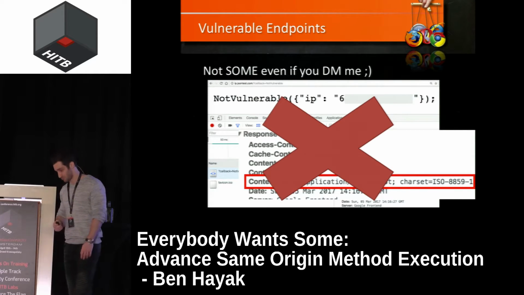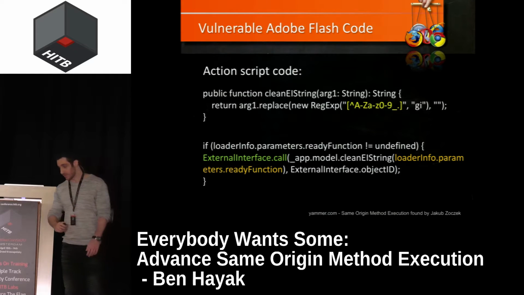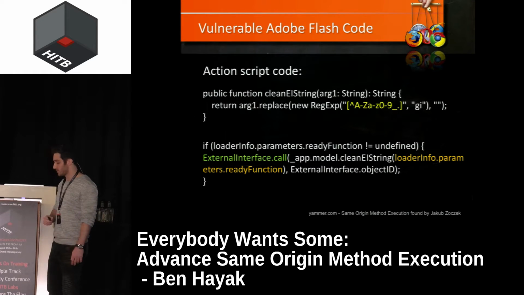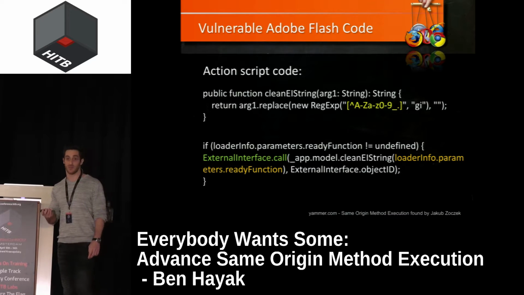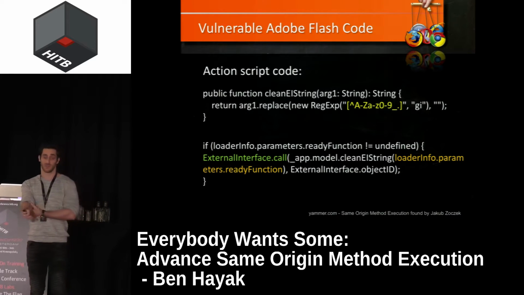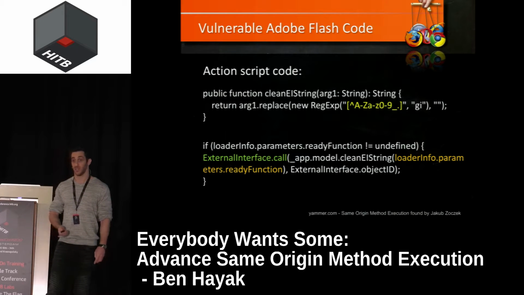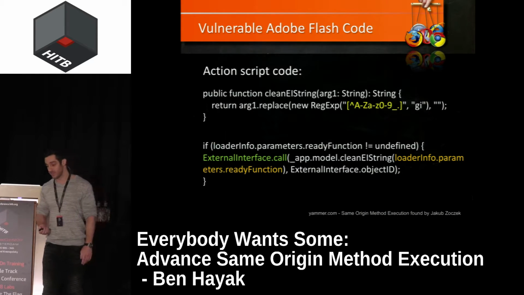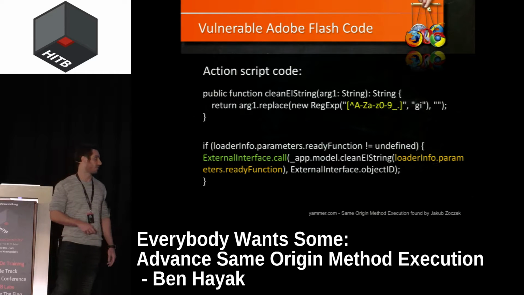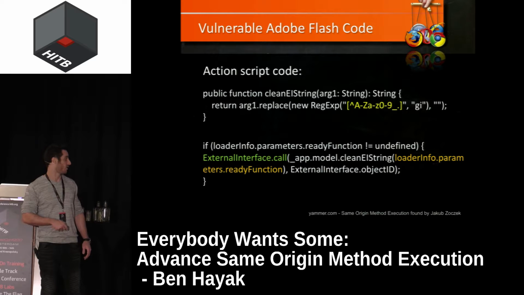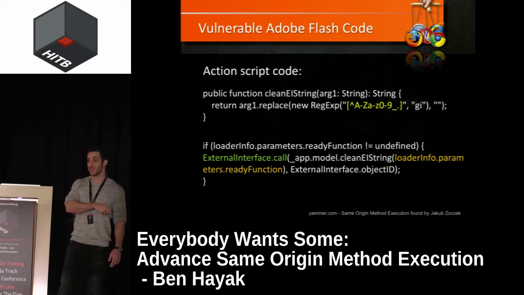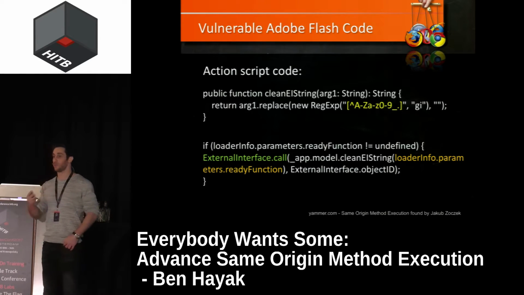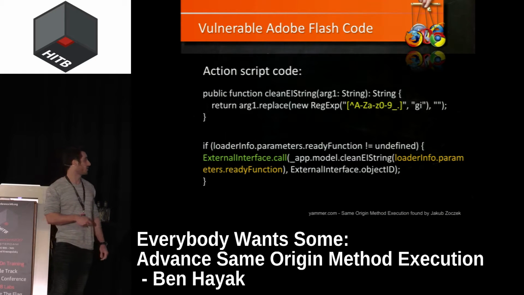One more thing is Flash. Flash is a very popular endpoint where you can find some. Actually, there are plugins that enable same origin method execution vulnerabilities by default. The reason for this will be in the next slide anyway, so there's no point in telling you right now. But the basic thing that happens here, once again, besides the pop-up windows that you want to check, is if there is a Flash file and you decompile it, you see this is actually active JavaScript execution.